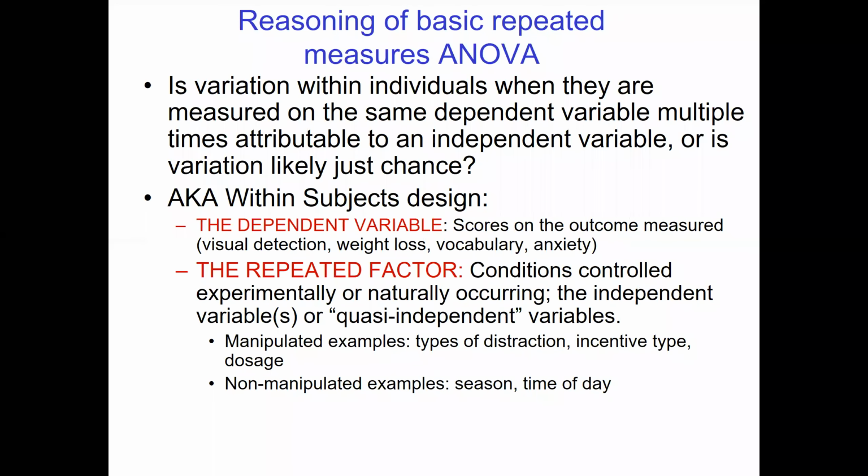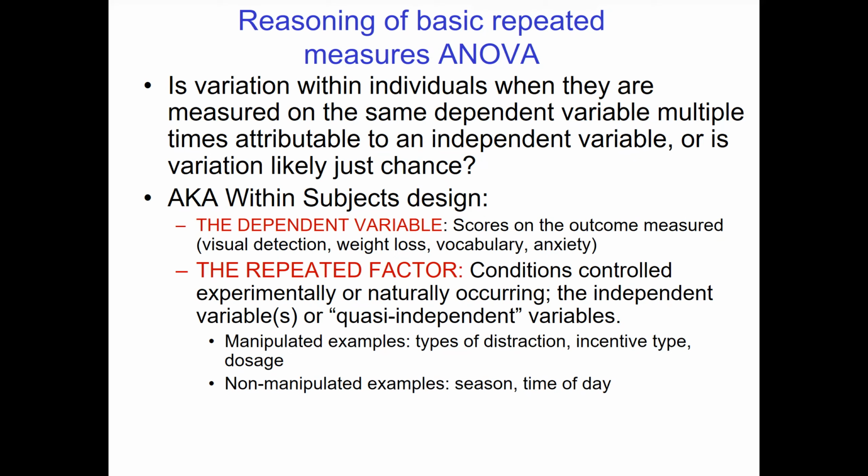So the basic reasoning of basic repeated measures is to ask whether variations within these correlated individuals, when they're measured on the same dependent variable multiple times, is it attributable to that factor that is measured multiple times, or is it variability likely due to chance?